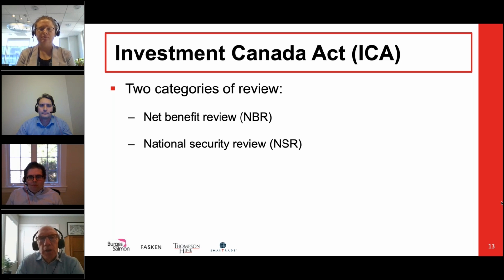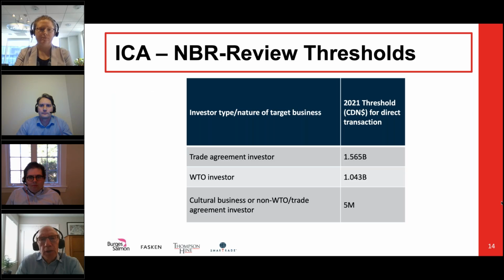If you turn to the thresholds, this is a simplified schedule, but in essence, where there is an acquisition of control by a non-Canadian of a Canadian business, the strong likelihood is that it will not be subject to net benefit review because the review thresholds, as you can see, are very, very high.